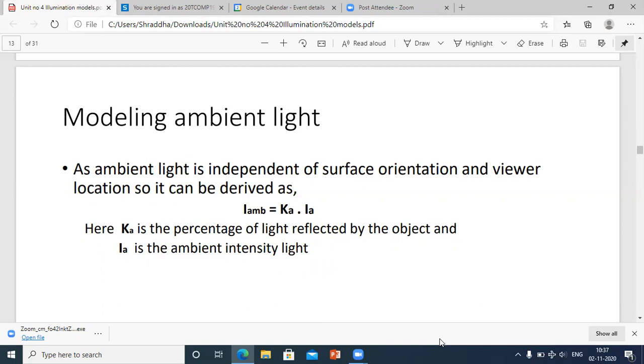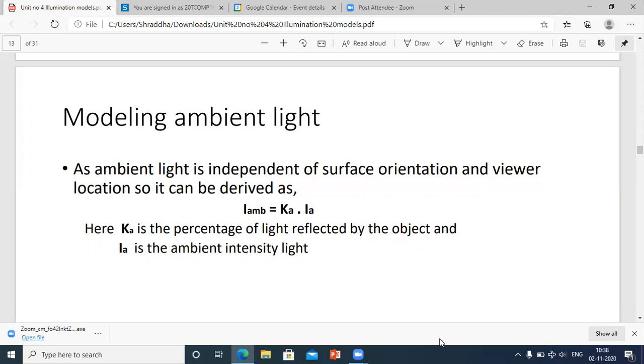And also, no matter whether the viewer or observer is on the fifth floor, the first floor, or on top of a building, the location and the surface orientation are independent in this ambient light section.